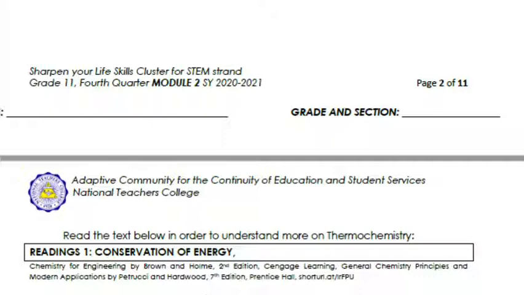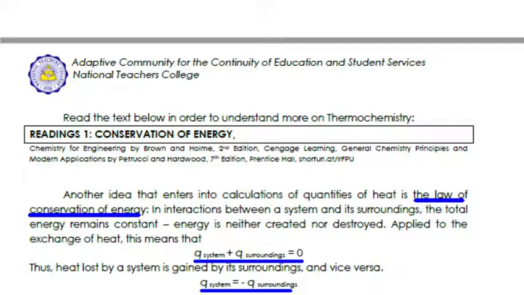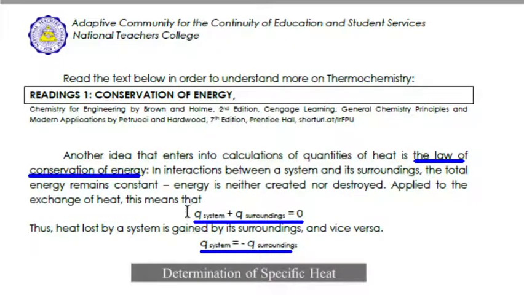So reading 1 is about conservation of energy. The law of conservation of energy states that heat of the system plus heat of the surroundings is equal to 0 to maximize the conservation of heat.